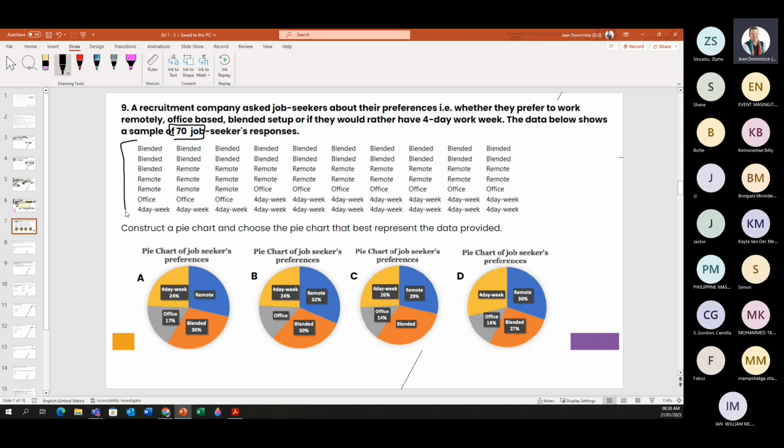So what they do is give you the data, and then they ask you to say which one of these graphs is the most likely one for the data.